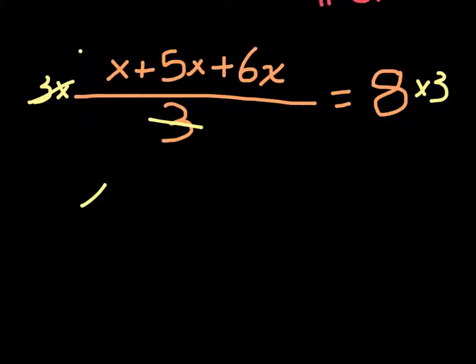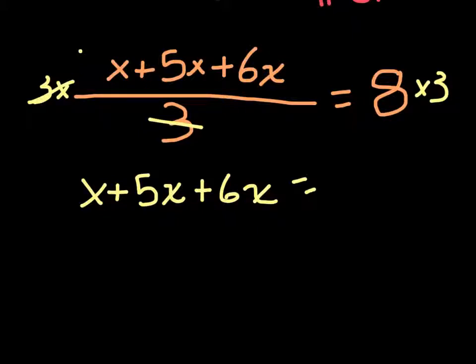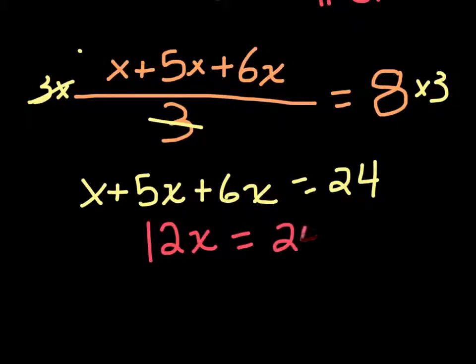So we're left with x plus 5x plus 6x, which is equal to 24. Now let's add up everything on the left-hand side. Adding everything, we get x plus 5x plus 6x, which is equal to 12x, and that is equal to 24.